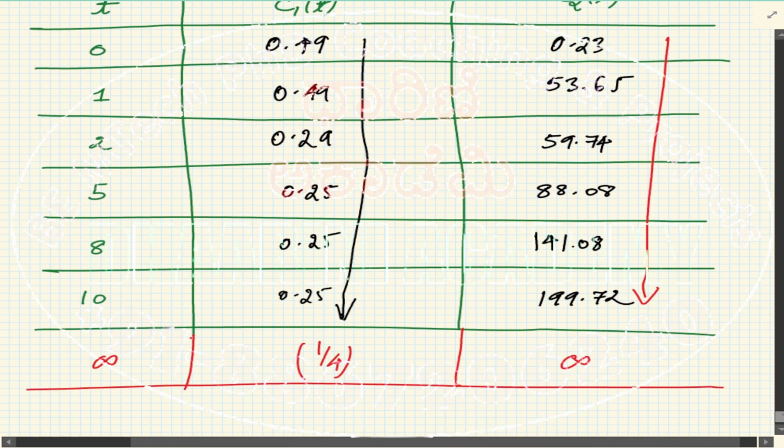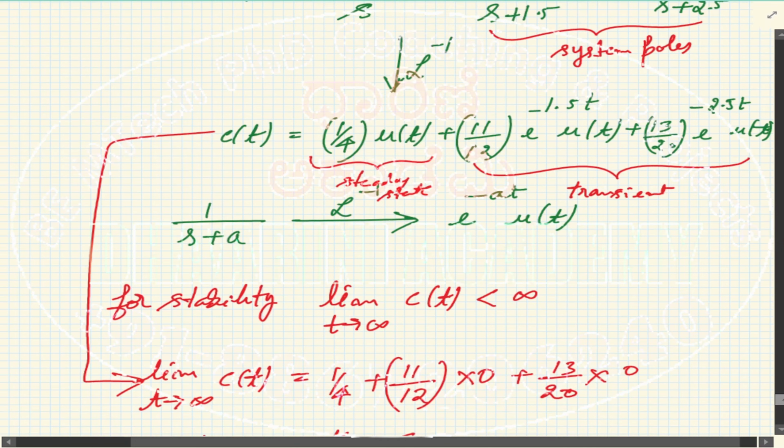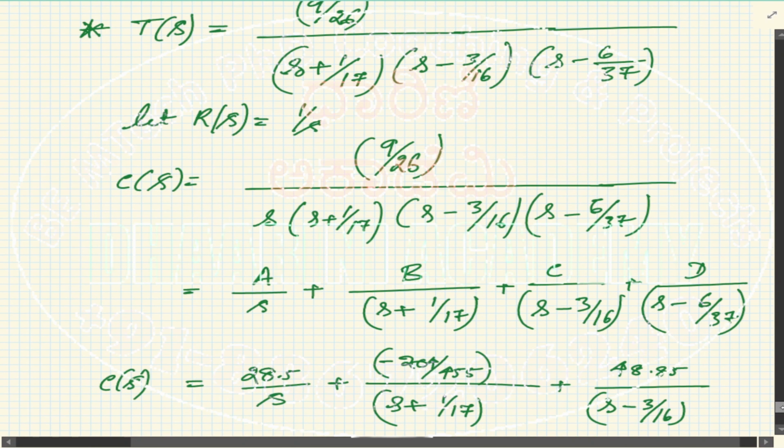Now let's go to the second case and plot the same thing over here. One pole at say minus 1 by 17, another pole at 3 by 16, and maybe this is 6 by 37, smaller maybe. Fine.